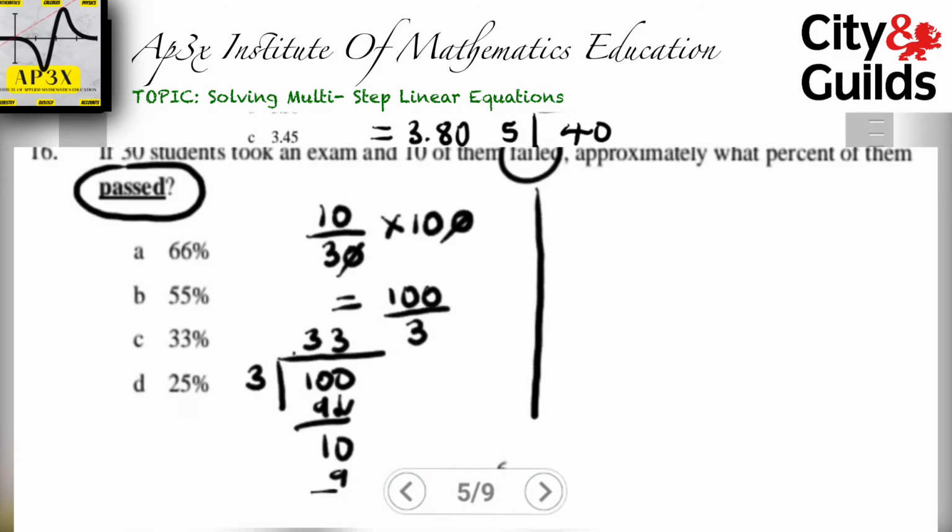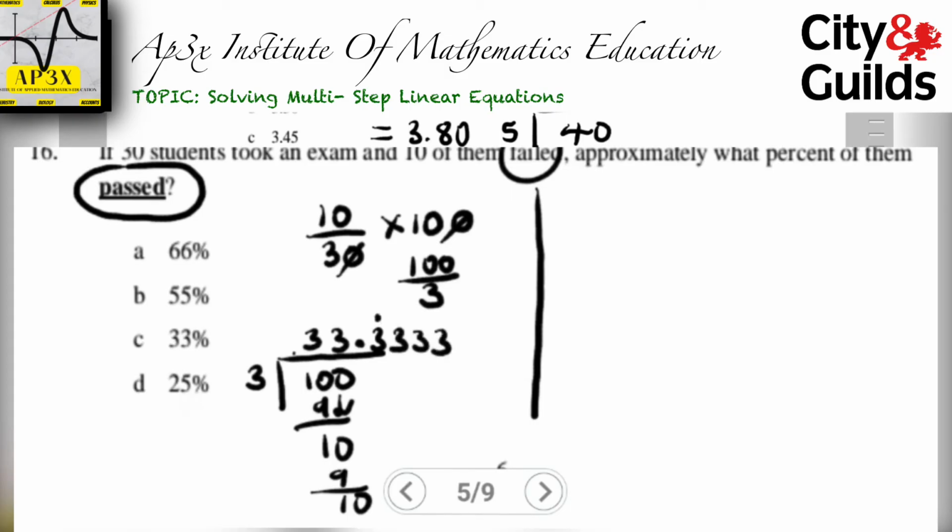And then obviously you're going to have a point here because there's no more number. And then it's going to continue repeating itself. 3 into 10 goes 3. You're going to have a recurring decimal here. So let me just remove this, 100 divided by 3. And if we continue dividing 3 into 10, it's going to continue with a 3, 3, 3.